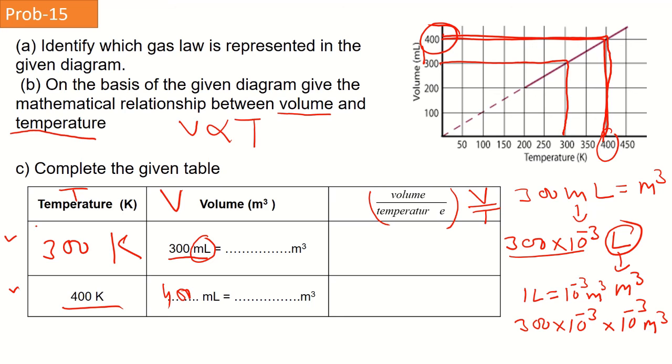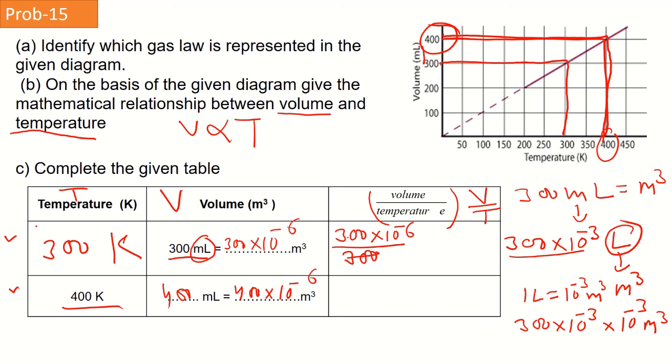If I solve this together, this will be 300 multiplied by 10 to the power minus 6. Same here, it is 400 times 10 to the power minus 6, you also have to do the same. Here the volume is 300 into 10 to the power minus 6, divided by the temperature, which is 300.